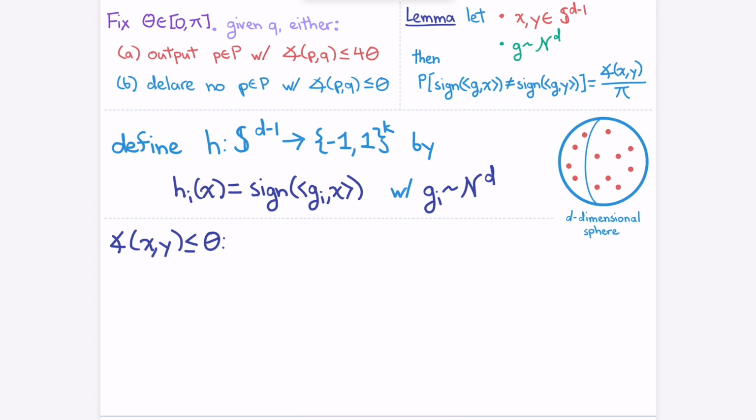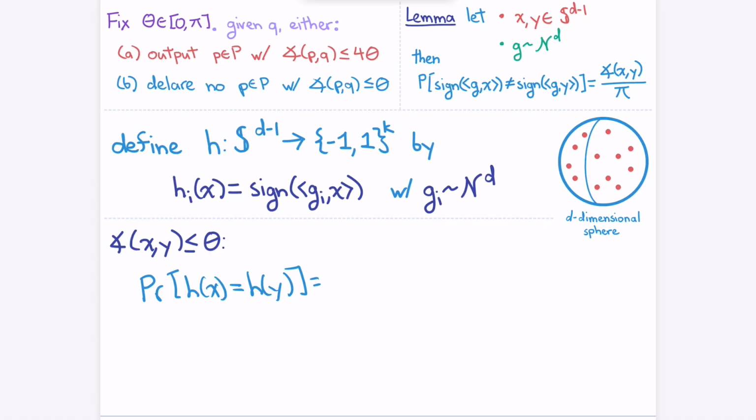Okay, let's do some analysis. Suppose you have a near neighbor. I want to show that the odds of them colliding are pretty good. So what's the probability that h of x is equal to h of y?